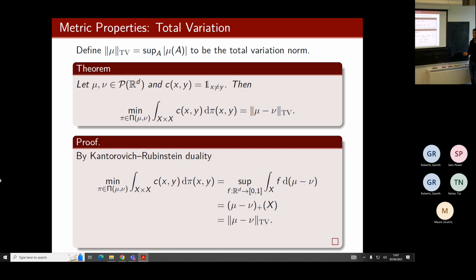Didn't Kantorovich need the cost to be lower semi-continuous? Sorry, the cost function, is it lower semi-continuous? That's a good question. I think it is lower semi-continuous, but I just haven't checked it. The cost function looks essentially like that, but then takes that point there.